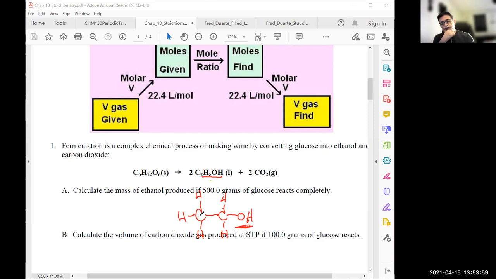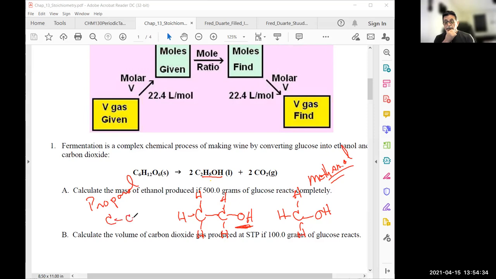So this is what you're familiar with as far as drinking alcohol. Now, you're also familiar with another alcohol. This is called methanol. Methanol is simply 1 carbon with 1 OH. Ethanol is 2 carbons. And I know you're familiar with propanol, or you might hear it named as isopropyl alcohol.